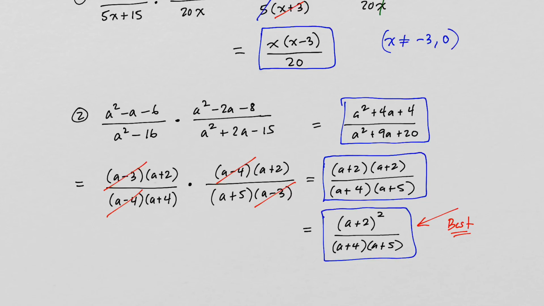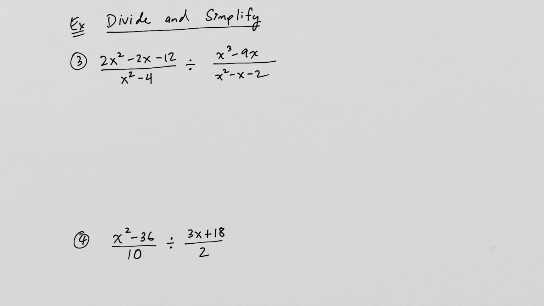Okay, the last thing we're going to look at is division. In this first one, we have this rational expression here divided by this expression here. The important thing to remember is that we don't ever actually divide by a fraction. What we do is we multiply by the reciprocal of the fraction.